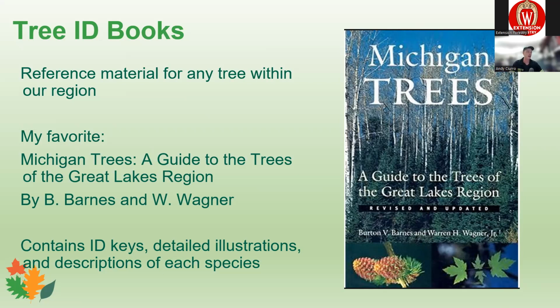So it has everything in Wisconsin. It has really good illustrations along with really good ID keys for both in the summer and winter. And just so you know, these slides will be available afterwards, so you can refer back to this later. You don't have to write any of this down yet.